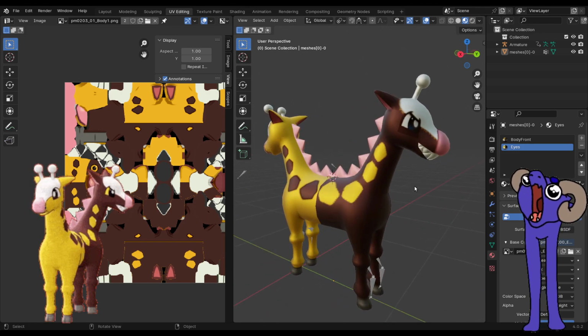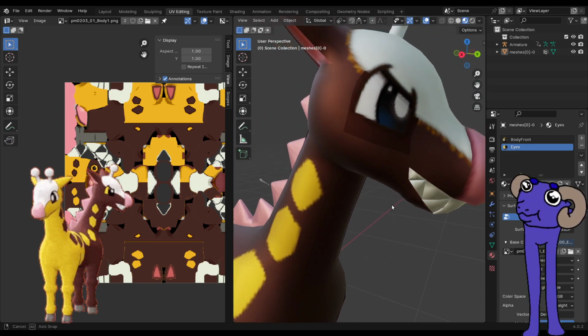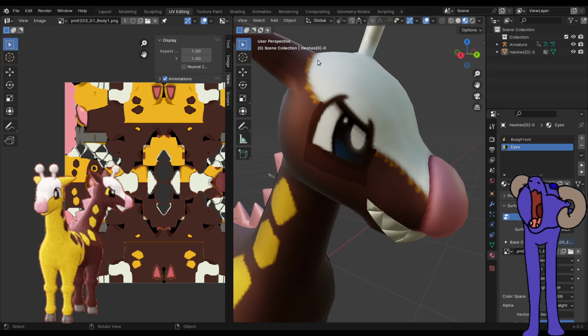Fuck it. I'll take it. It's got the yellow line along here though. I can fix that though. And also it's a different colour. Why are the eyes so much darker?